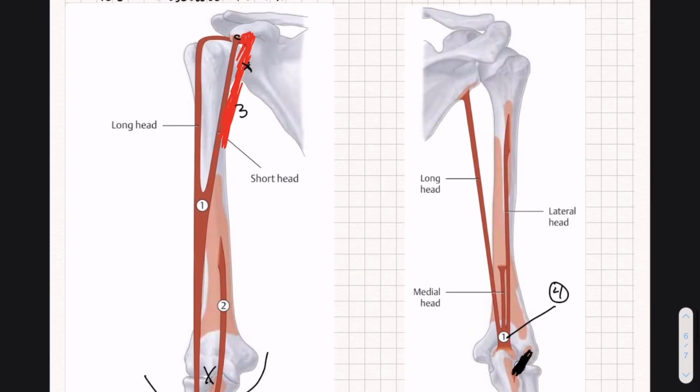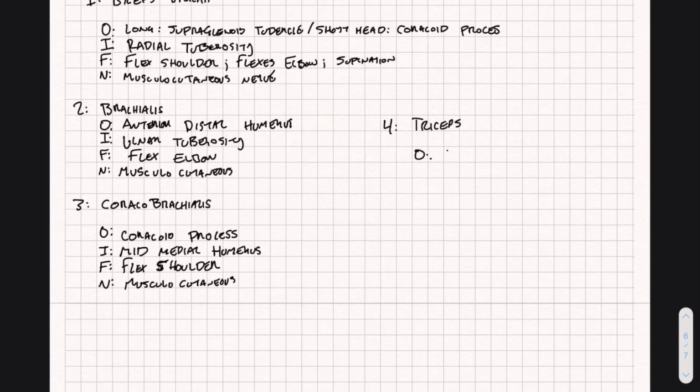You can see there's a long head, which is more medial. It's attaching to the scapula. Then you have the lateral head, which attaches to the humerus, and then this medial head, which is inferior on the humerus. So if you can remember the long head of the bicep attached to the supraglenoid tubercle, the long head of the tricep attaches to the infraglenoid tubercle.